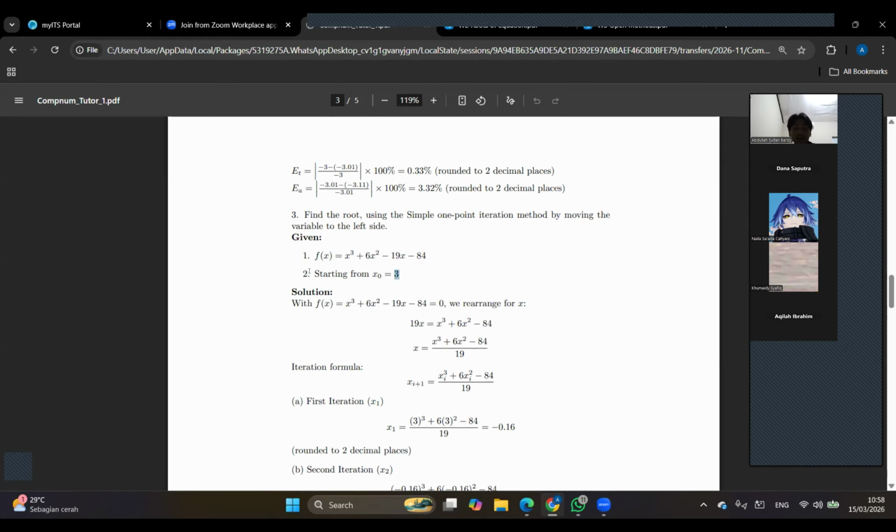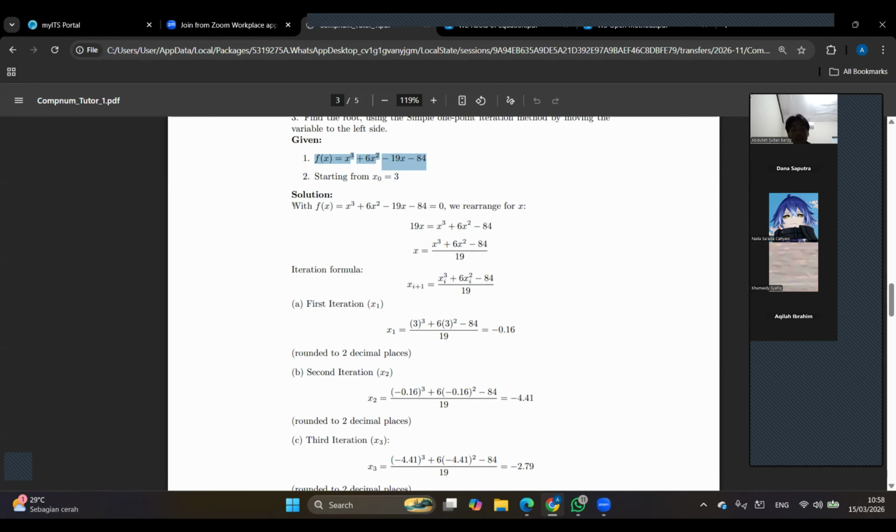And in this question, we start x0 from 3. The function is still the same, okay? So for this function, we are going to isolate this 19x on the left side, while the x cubed, positive 6x squared, and minus 84 go to the right side, like this.